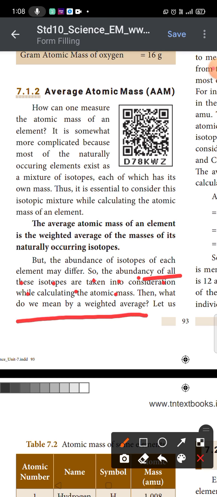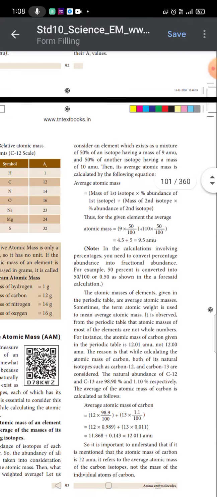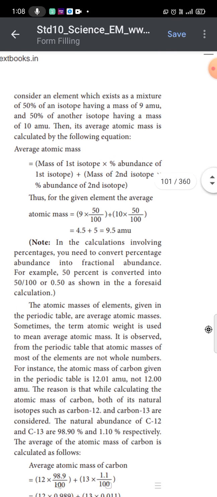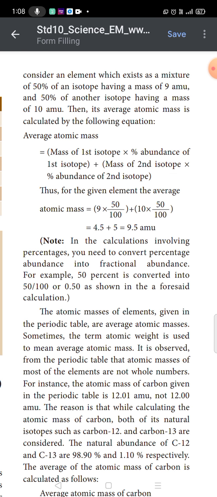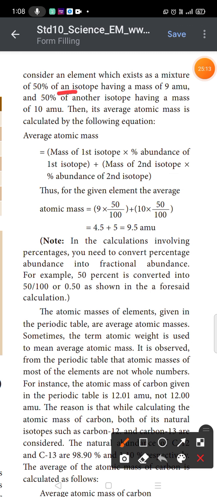Let us consider an element which exists as a mixture of, this is the example they have given, 50% of an isotope having a mass of 9 AMU and 50% of another isotope having a mass of 10 AMU.